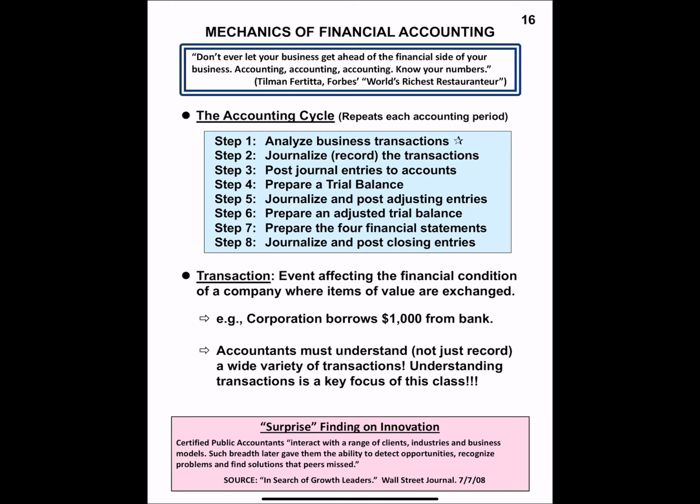For example, a company borrows $1,000 from the bank. What is exchanged here? The company is getting $1,000 in exchange for a note payable being issued to the bank. So $1,000 cash is coming to the company, and in exchange, they now owe the bank $1,000.